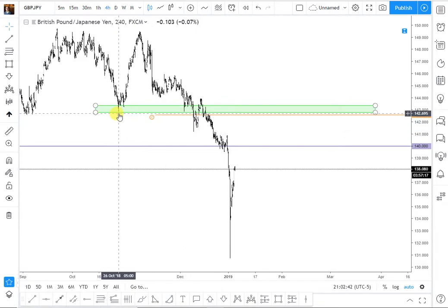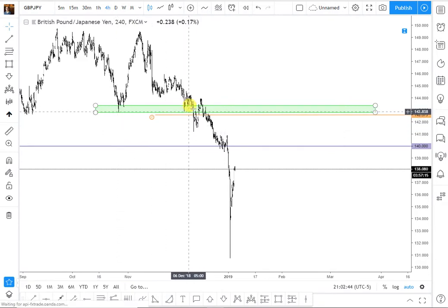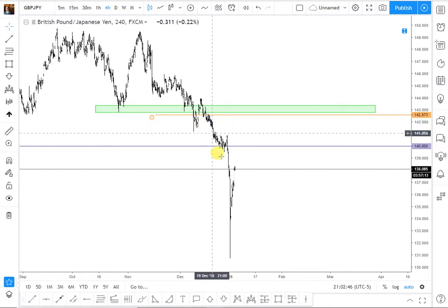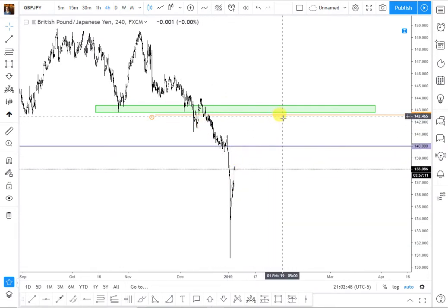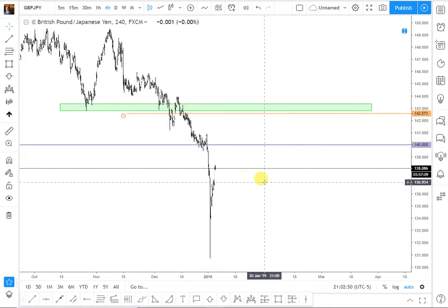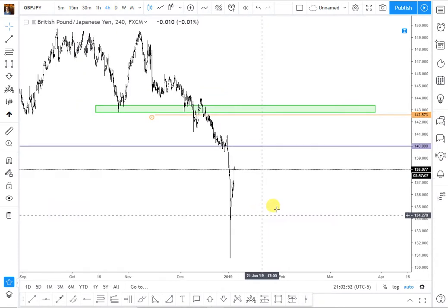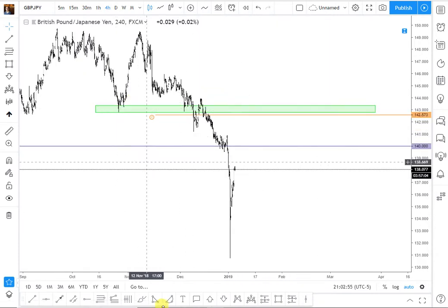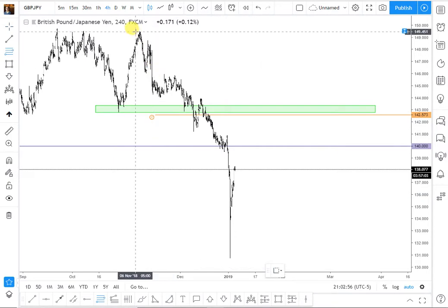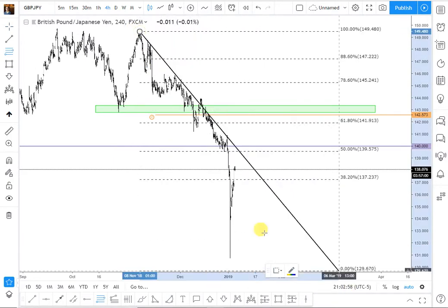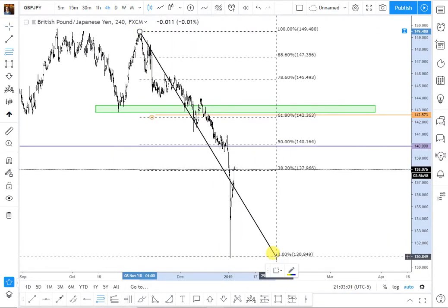First test here, second test here, break, and now we are looking to retest to short this pair as well. And this zone comes with the 61.8 Fibonacci level from this big impulse here.